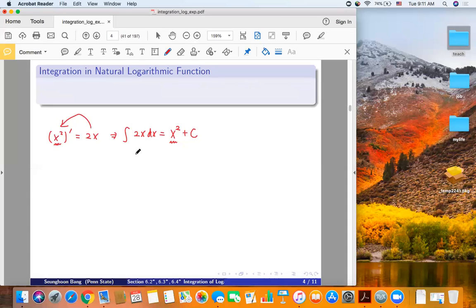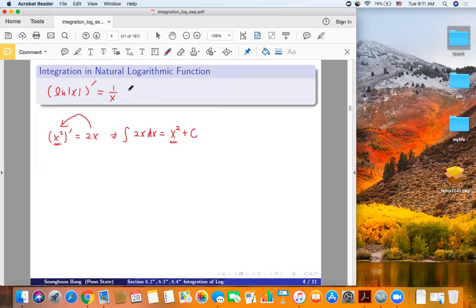So let me see. You learned this stuff last week with Kasha. So do you know this one? What is the derivative of ln of absolute value of x? Do you know what the answer is? Yes, 1 over x.